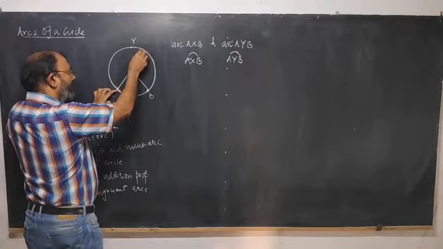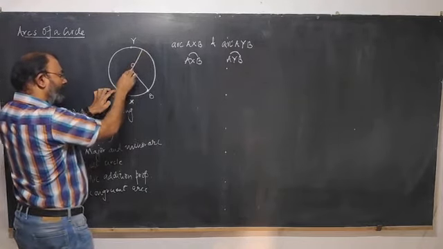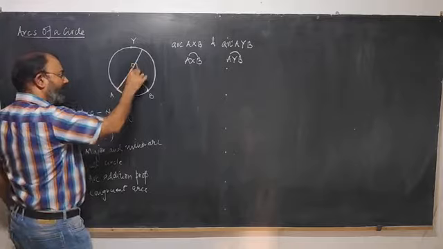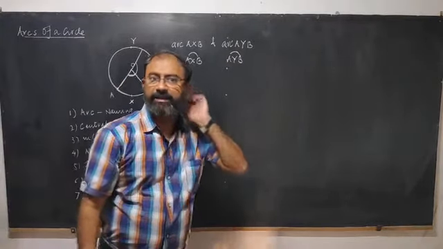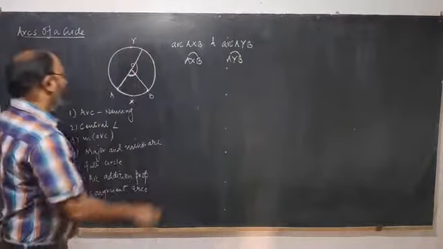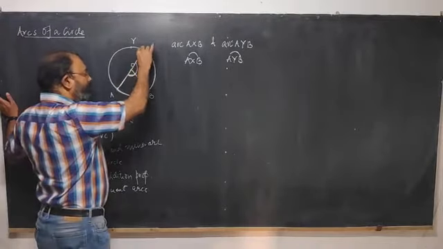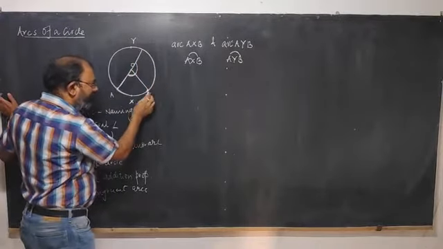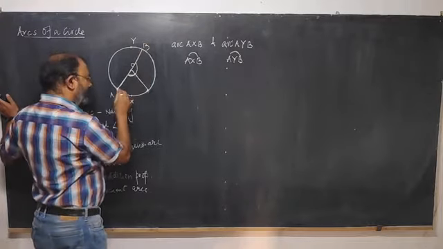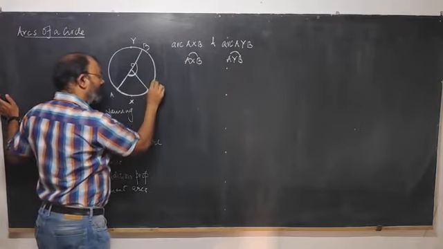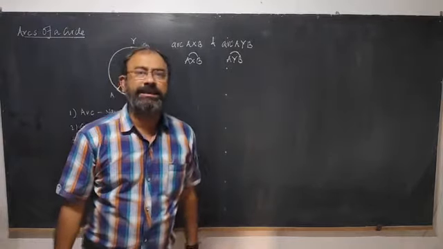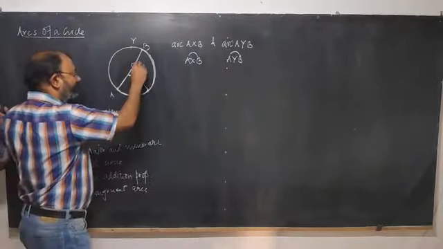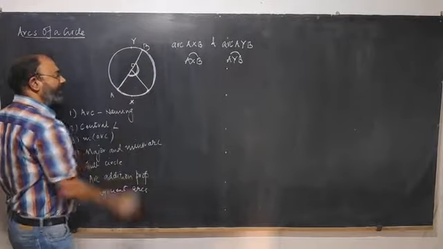Suppose I bring it in line with O and A. We know that this is a 180 degree angle. Okay, and therefore this complete arc, suppose B has shifted to this point, then this arc is half of the circle called as semicircle, and this angle is a 180 degree angle.